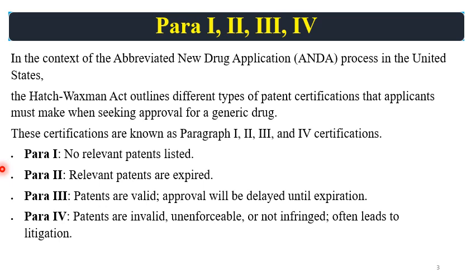Generally, para 4 filing is done for first to file type of filing and to get the exclusivity of first to file, and often the first to file leads to litigation with the innovator. So this is regarding para 1, 2, 3 and 4.